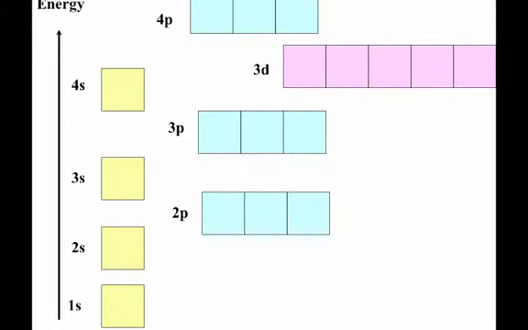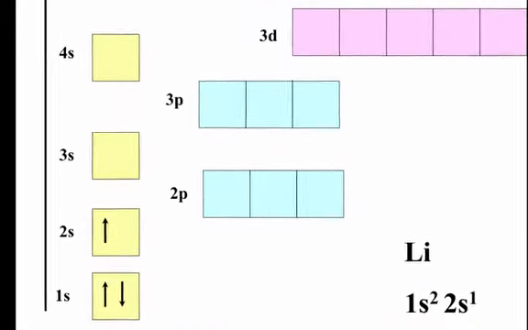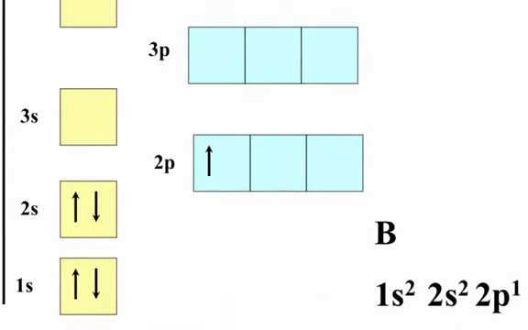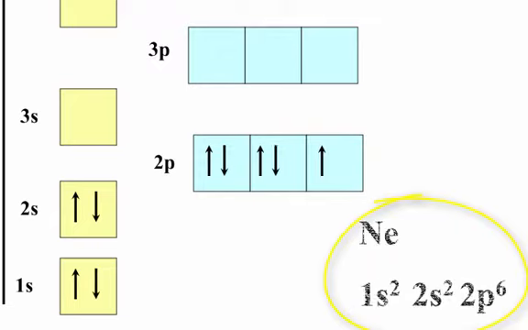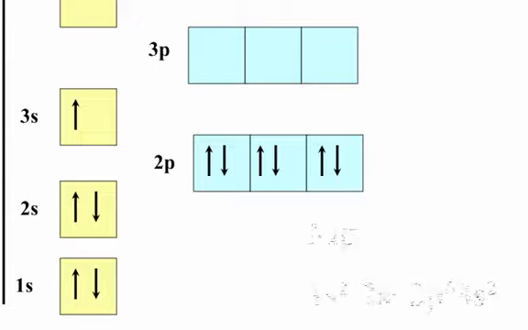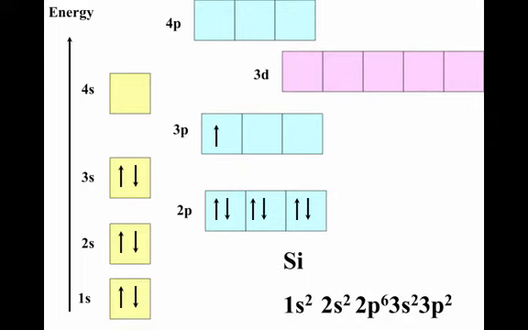So just have a look at the electronic configurations on the right. Pause if you want to, but you can see that we're filling from the lowest energy upwards, and our electronic configuration tells you which orbitals are filled and what with. So 1s2, 2s with 2 electrons, and so on, 2p, 6 electrons. And now we're going 3s2, 3p1, 3p2, and so on.